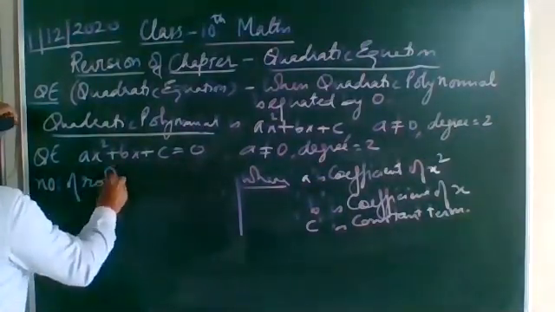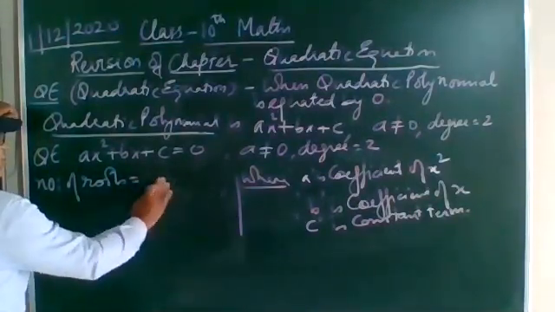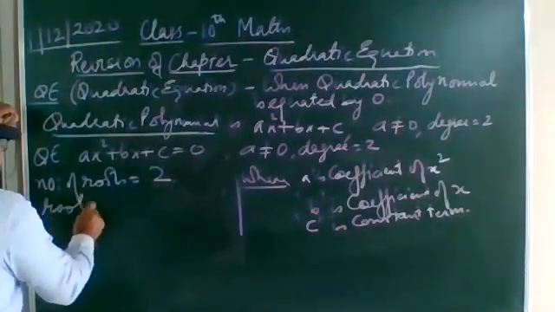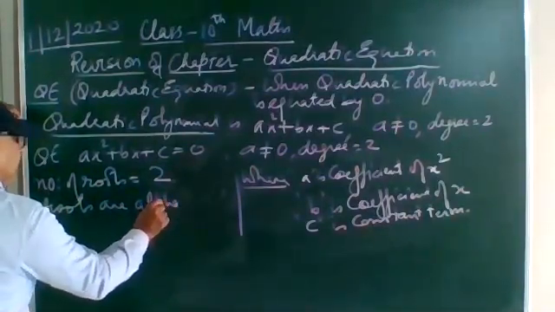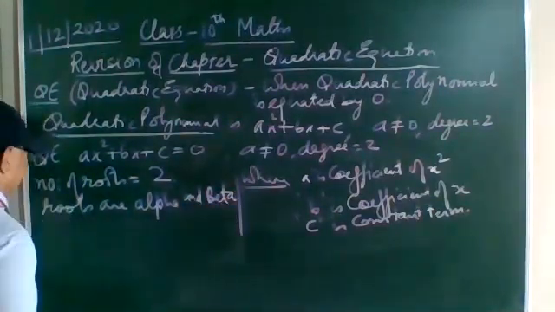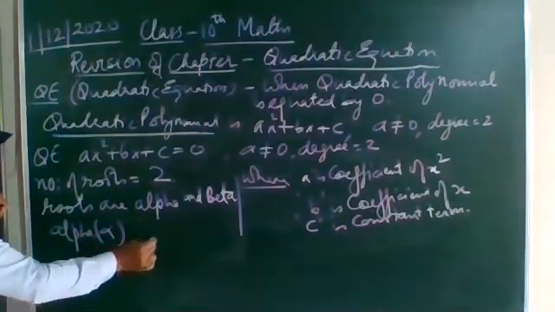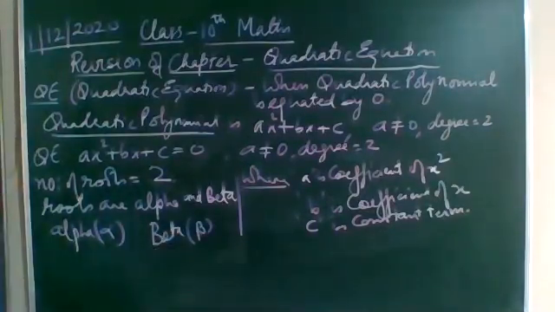After this quadratic equation, we have the number of zeros, the number of roots. The roots are alpha and beta. So a quadratic equation has two roots, alpha and beta.